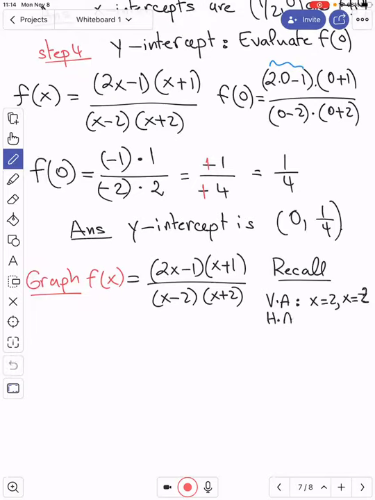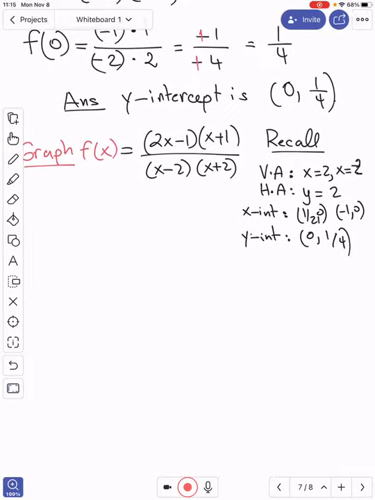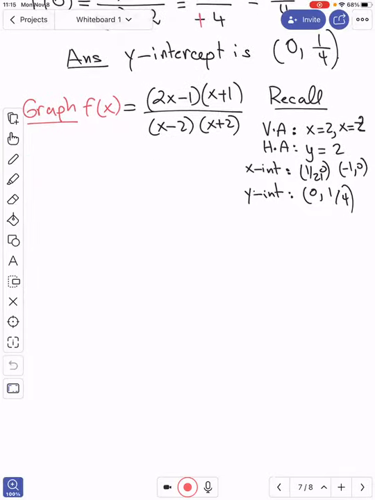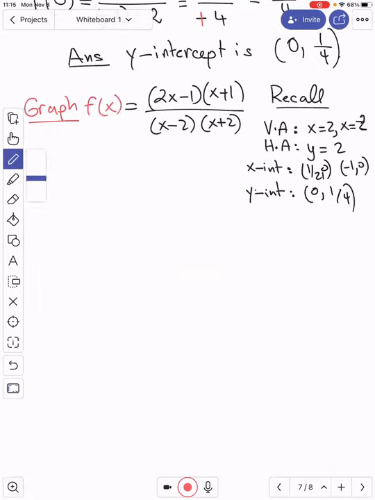For the horizontal asymptote, we said y equals 2. The x-intercepts are 1/2 and -1. And finally, the y-intercept is 1/4. So let's graph our function f.